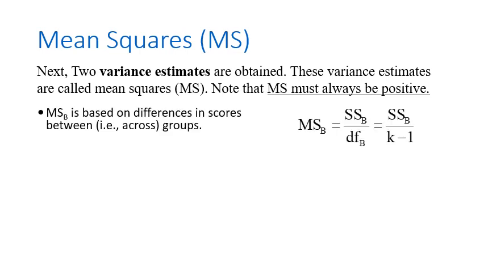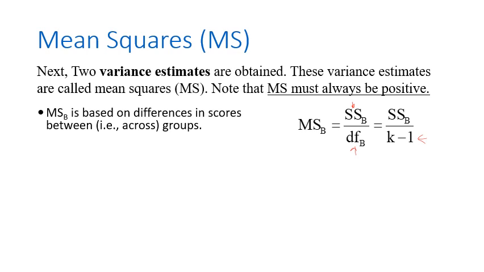So mean square between is based on the differences between or across groups. Mean square between is equal to our sum of squares between divided by our degrees of freedom between. And here you actually see the formula for degrees of freedom between. Degrees of freedom between is k minus 1, where k is our number of groups.